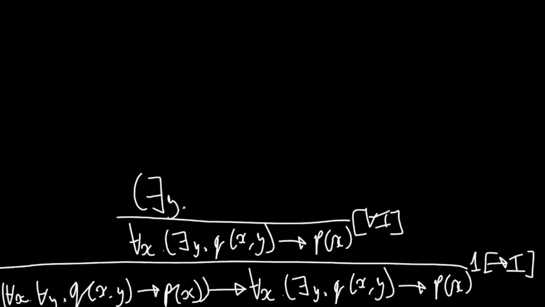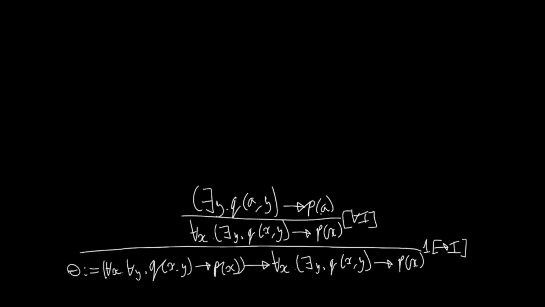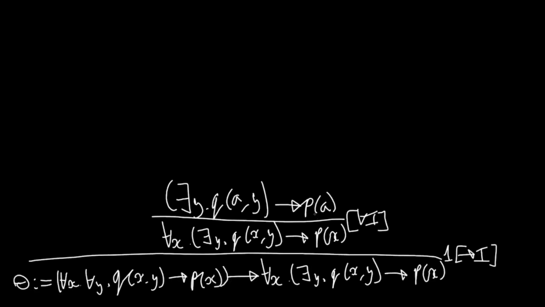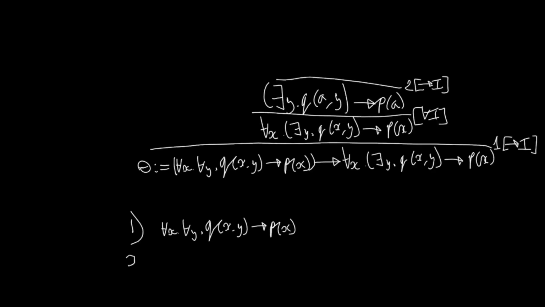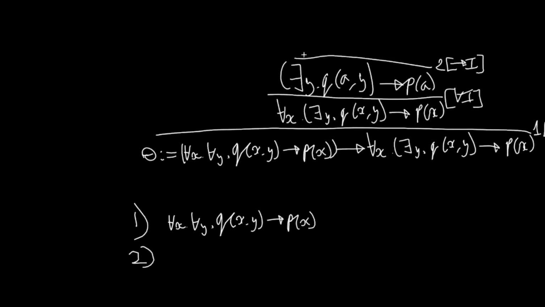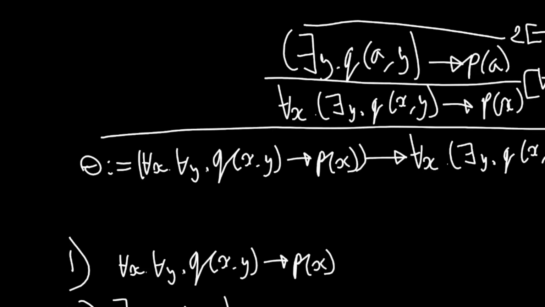So then there exists y such that q of a and y, then p of a. Our next step is going to be a second implication introduction, which means our second assumption is there exists y such that q of a y. Now, does anyone know the rule of thumb that comes up when you assume existentials?